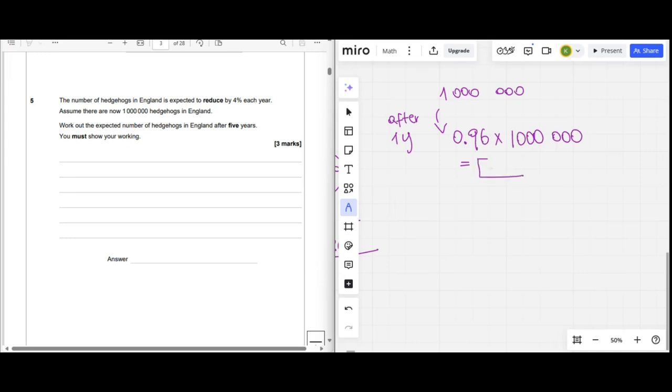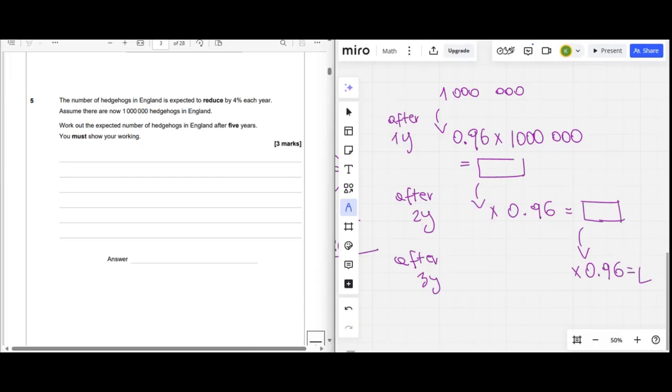And find the result of that. Then after 2 years, get that result and times 0.96 to get another result. After 3 years, get that answer and then again times 0.96 to get result, and continue up to the 5 years.